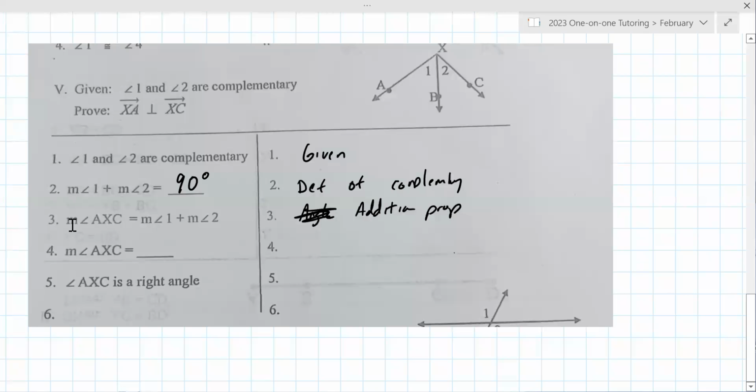And then since the lines 3 and 4 are given, since 3 and 4 are the same on the left, the right side's what's changing, and they're substituting in 90 degrees for measure of angle AXC. And so that's substitution, because you're obviously substituting.